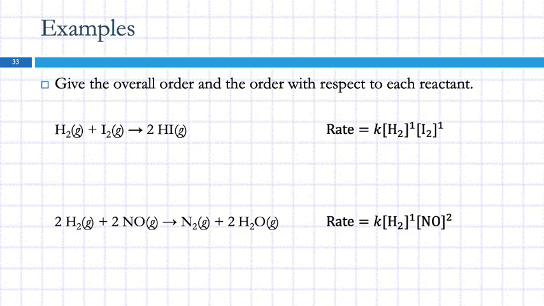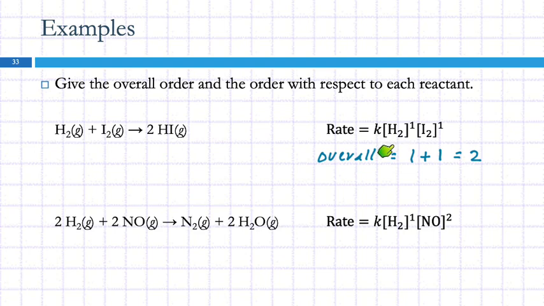So the overall order is the sum of those exponents. So overall is 1 plus 1, which equals 2. And again, here they wrote the 1 because they're trying to point out there's a 1 here. Remember, if there's nothing written there, it's an assumed 1.